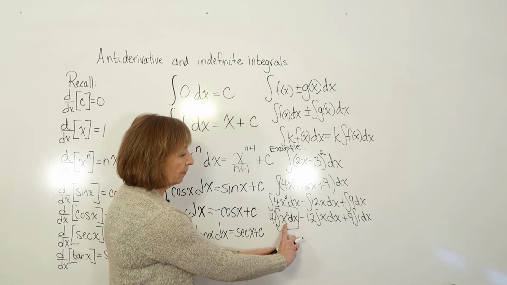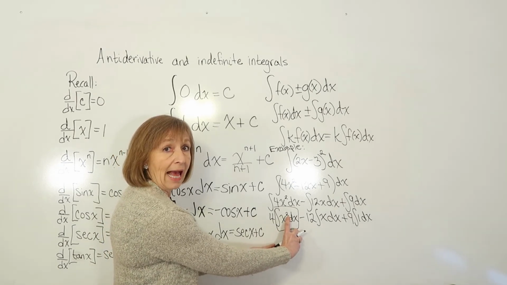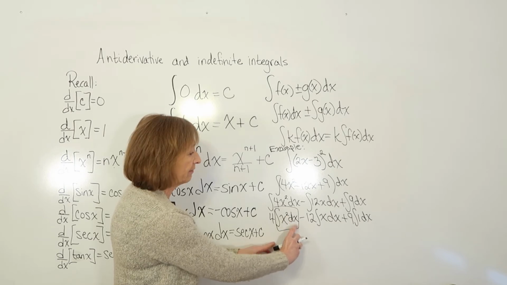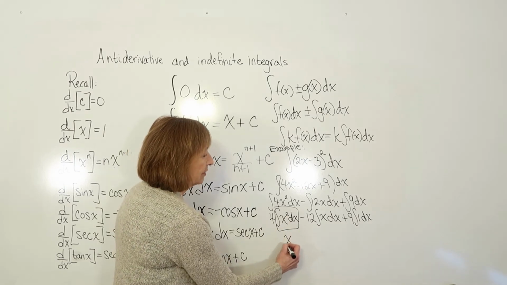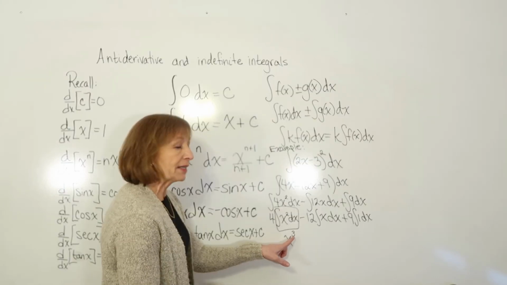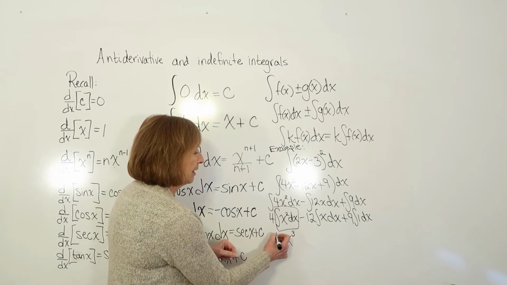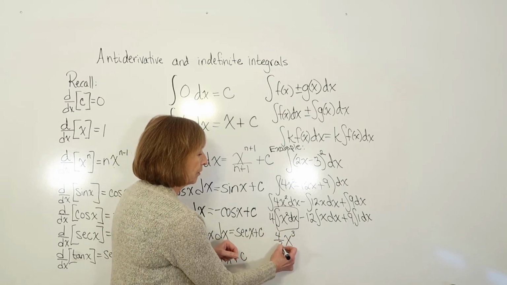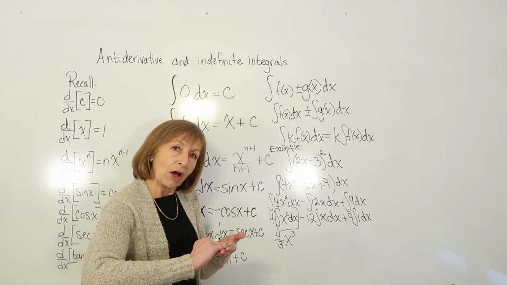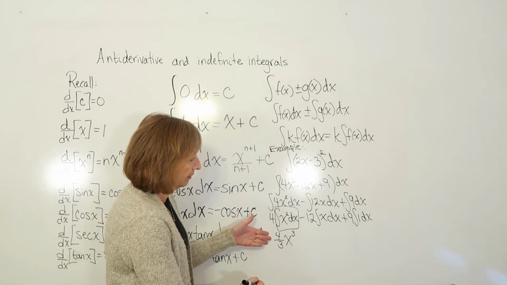Well, that's a letter base to a number power, and to integrate those, we add 1 to the exponent and divide by that. So x to the 2 plus 1 is third power, and I'm going to divide by 3. So when I divide by 3, I'll have a coefficient of 4/3. So I could divide it under the x, or I could have it as the coefficient out in front.